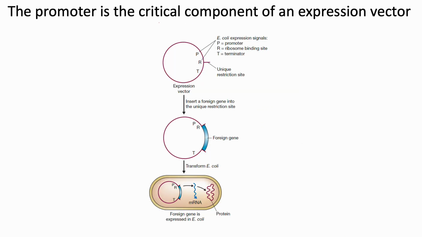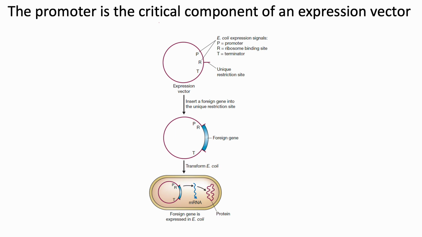The promoter is the most important component of an expression vector. This is because the promoter controls the very first stage of gene expression, that is, the attachment of an RNA polymerase enzyme to the DNA, and determines the rate at which mRNA is synthesized.